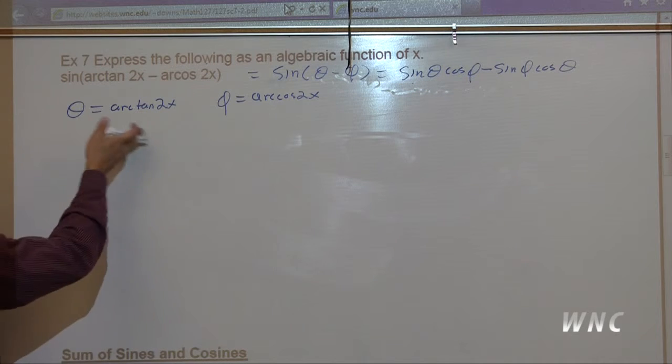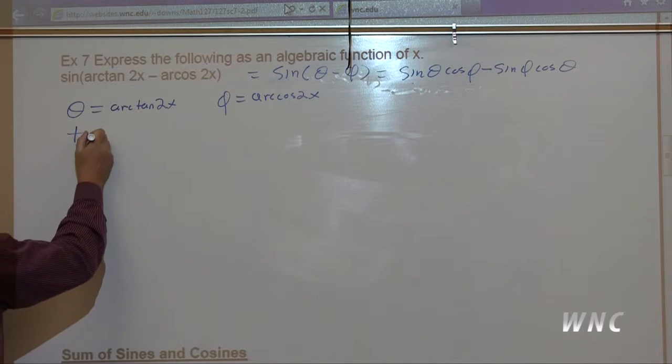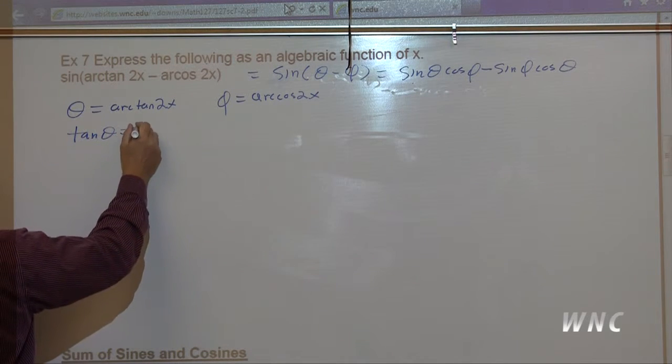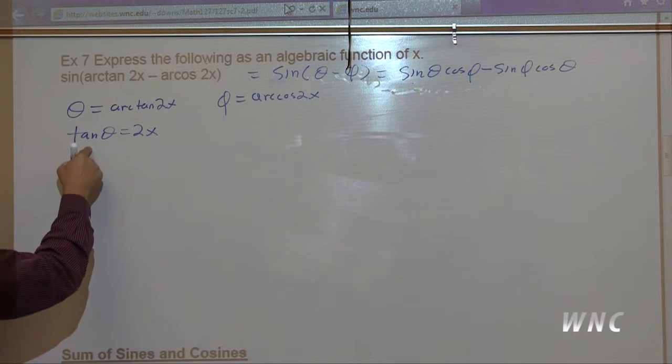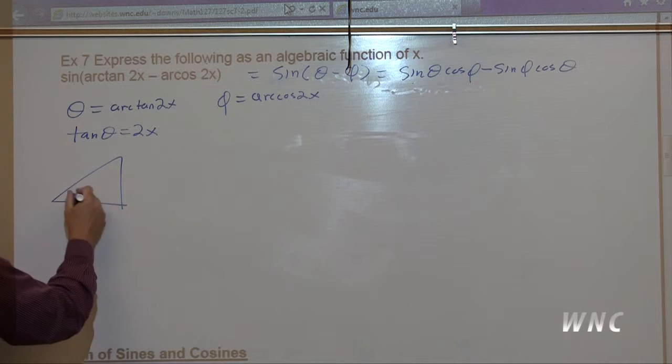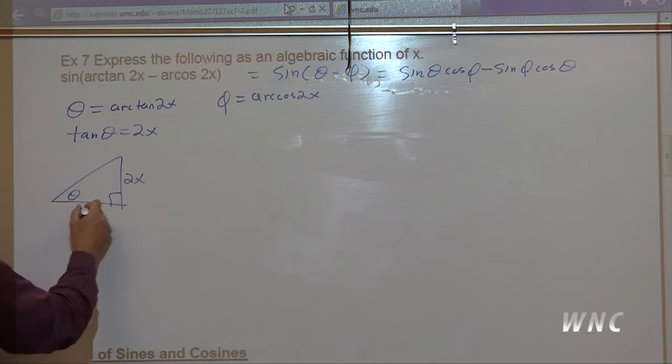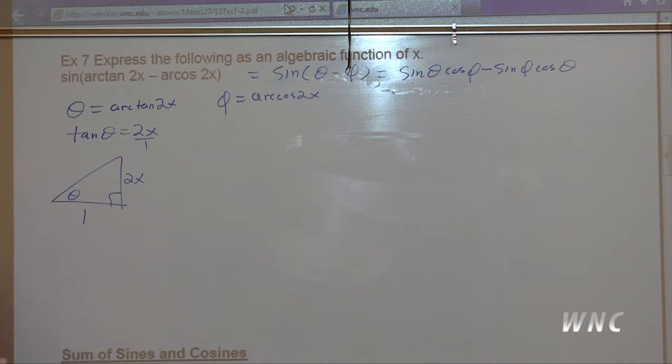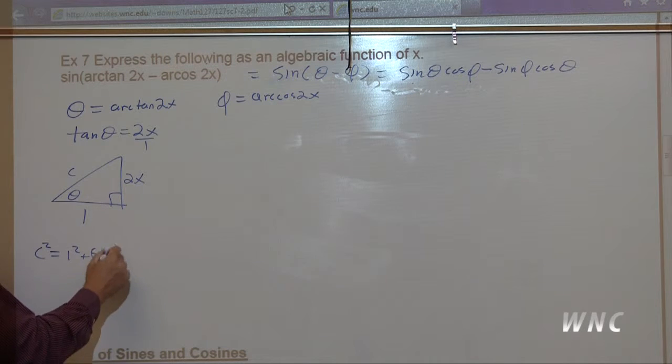Well, this can represent a triangle. You can think of this as tangent of theta is going to be 2x. Tangent of theta is 2x, so we draw ourselves a triangle here. If this is theta, the opposite side is 2x, the adjacent side is 1. You can think of it as 2x over 1. And the hypotenuse, c squared is equal to 1 squared plus quantity 2x squared.